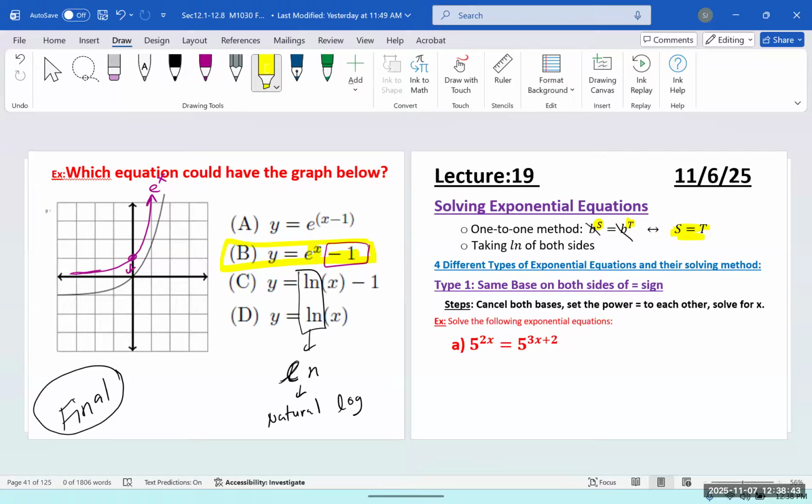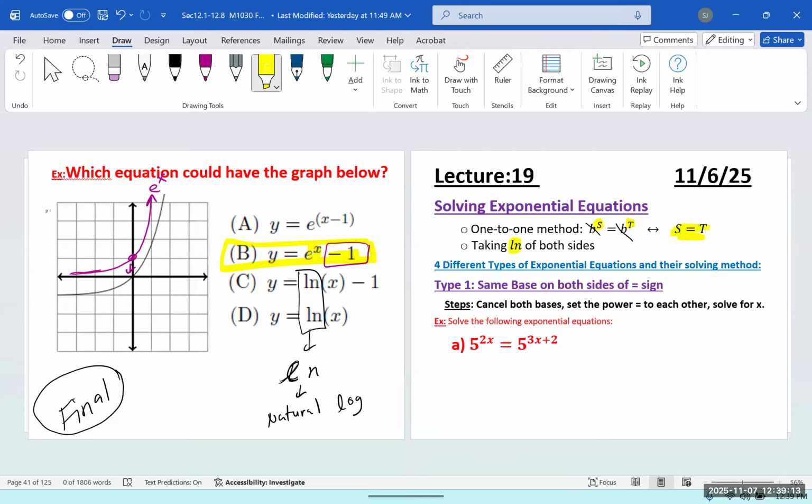If you cannot have the same base, then we need the help of the opposite, or the inverse, of the exponential, which is called the logarithmic function. So if you don't have the same base and you cannot do anything about it, then we use log to solve the exponential equation. And if anyhow you can have the same base on both sides of the equal sign, then our goal is to cancel them and then work with the powers.